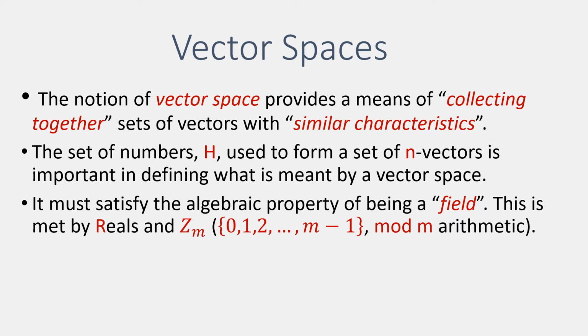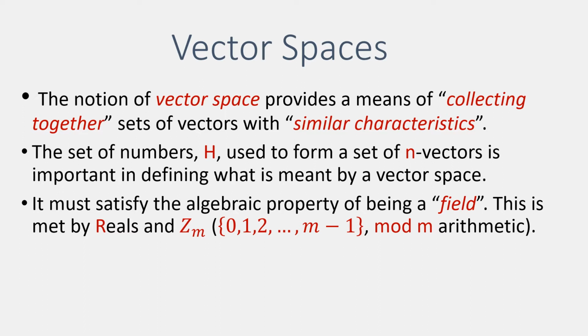In particular, it has to satisfy this algebraic property of being a structure which is technically called a field. I'm not going to go into the formal definition of what is meant by field.